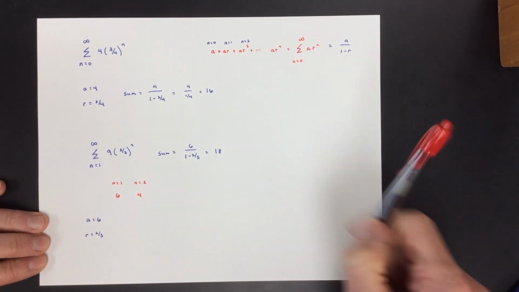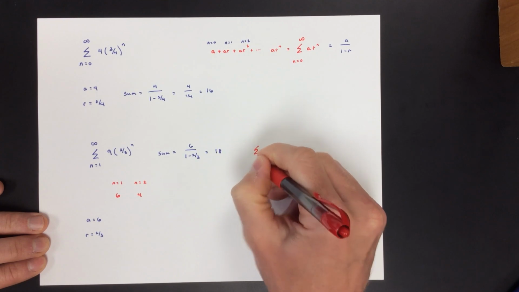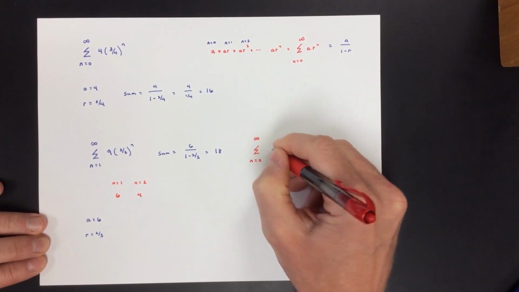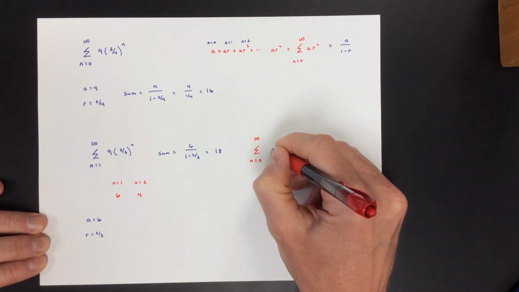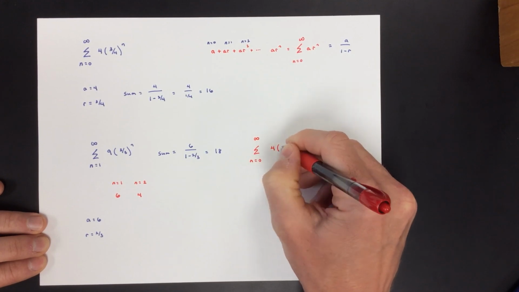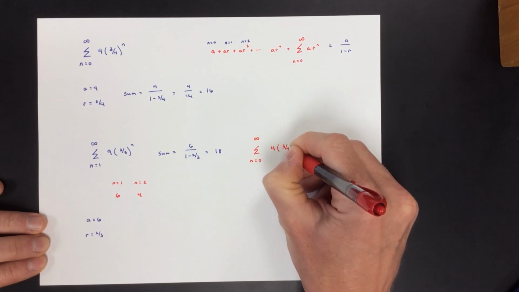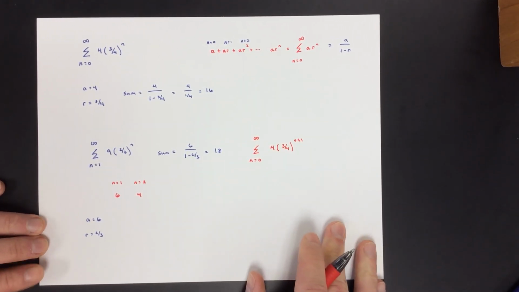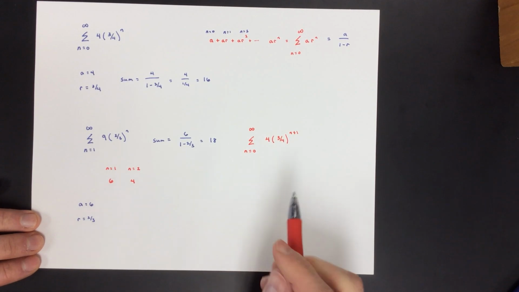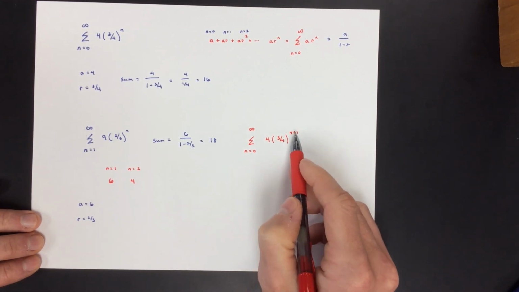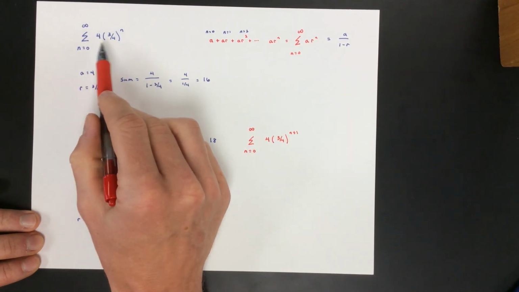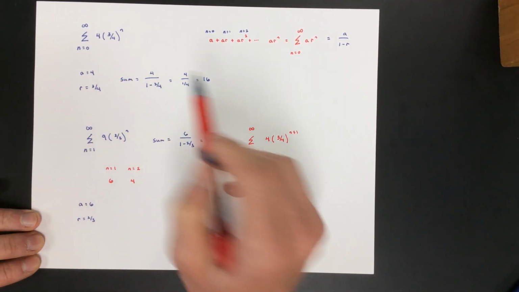They can do another very similar thing. They can start it at n equals 0, and make this like 4 times 3/4 to the n plus 1. And again, you can't just easily read off a and r, because this isn't the standard a r to the n. If it's the standard form, then you know that's a and that's r, and boom, you're kind of done.